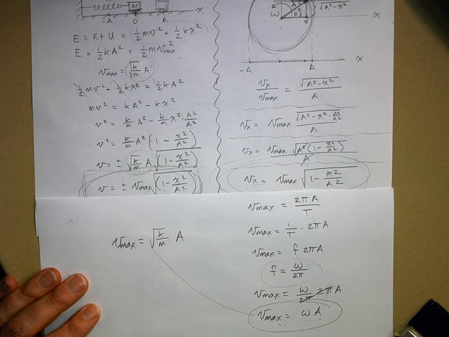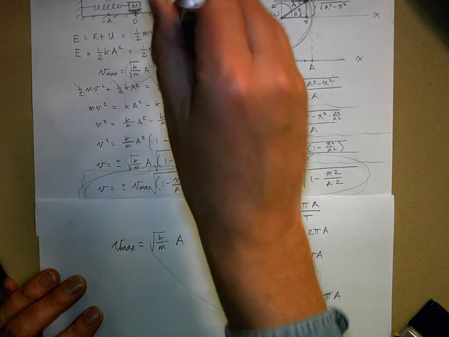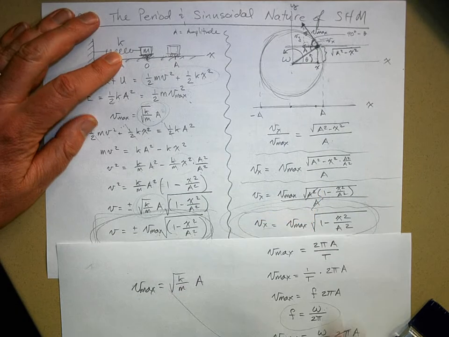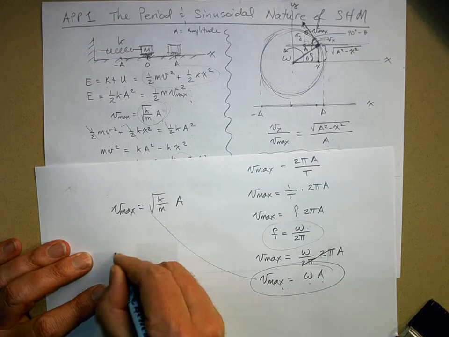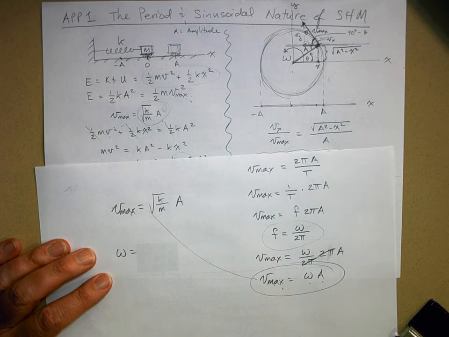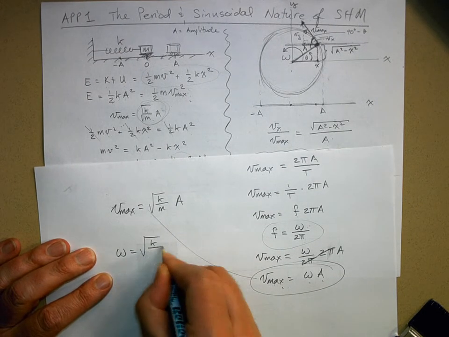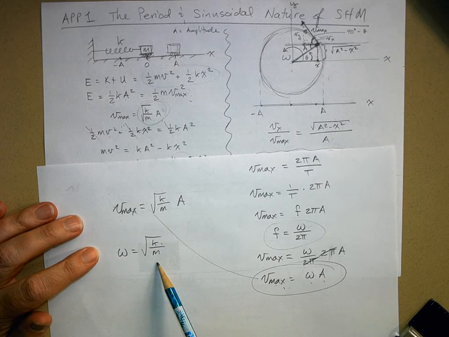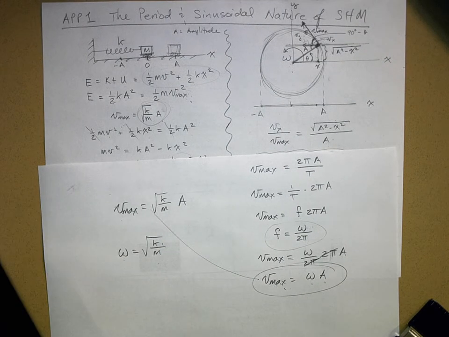This means that the angular velocity of this mass spring system is equal to the square root of k over m. If you have a mass spring system, if you know the spring constant and you know the mass, you can figure out how many radians it will go through per second.